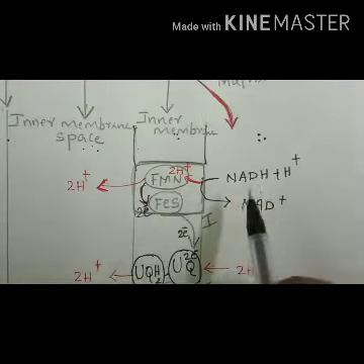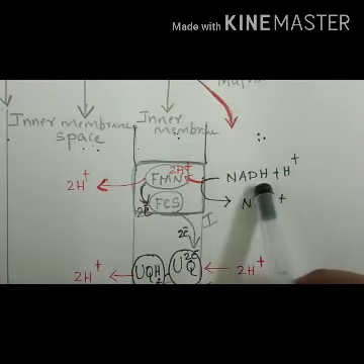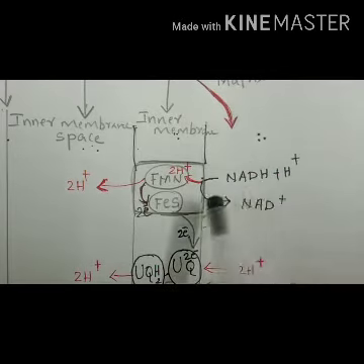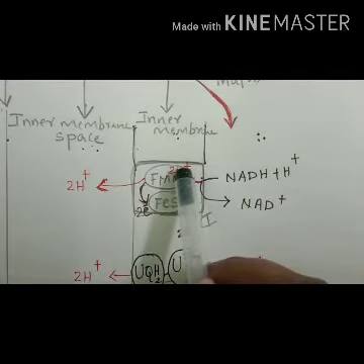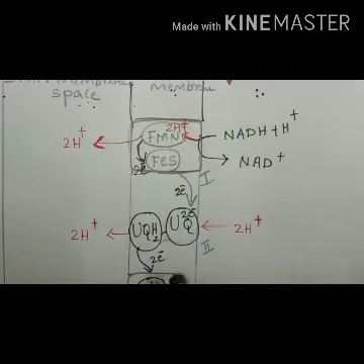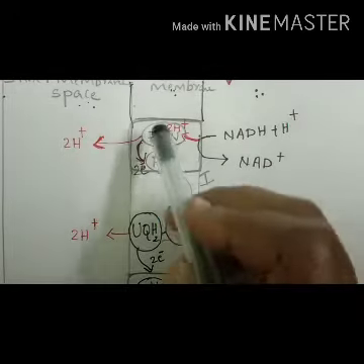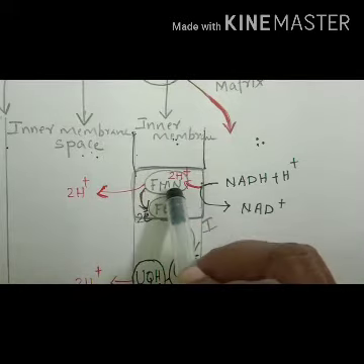So now we can see NADH2, FADH2, all these are formed on where? On this matrix portion. And for this electron transport system, there are 5 complexes present that I have already mentioned. Complex 1, complex 2, complex 3, complex 4, complex 5. And all these complexes are located on this inner membrane.